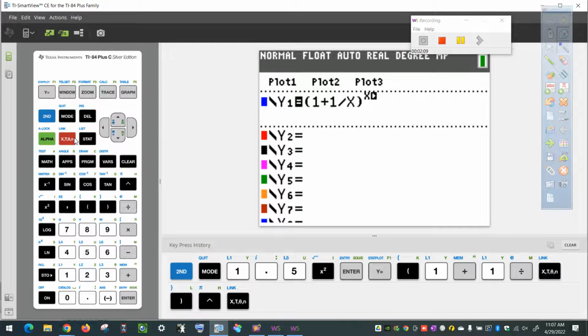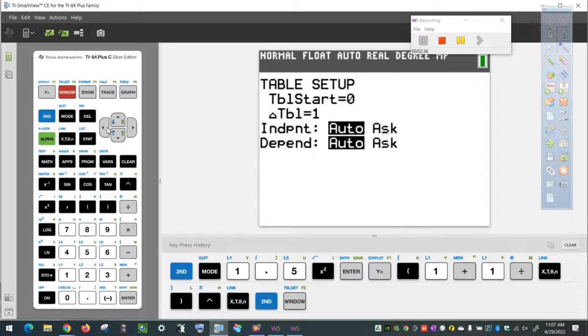Now, our calculator has a feature where we can access a table where you can tell your calculator what numbers you want to input into your function, and it'll do all of the work for you and tell you what is the corresponding output. So before we go to that table, I'm going to go to Table Setup by pressing Second Window, and there's a feature down here where it says Independent.